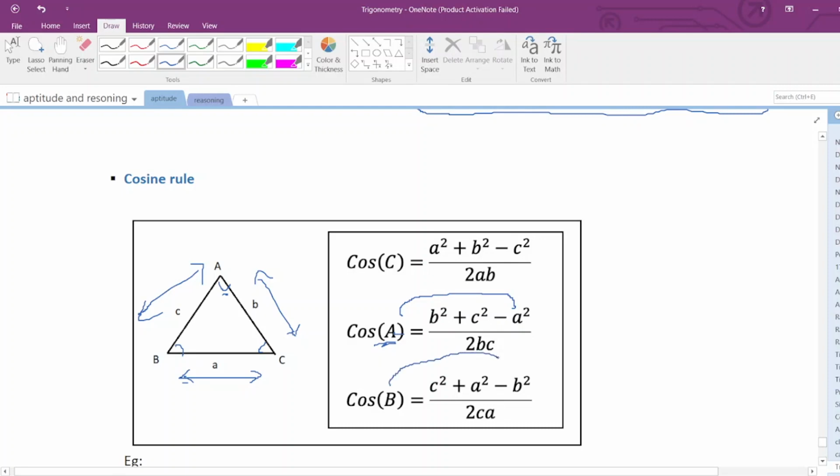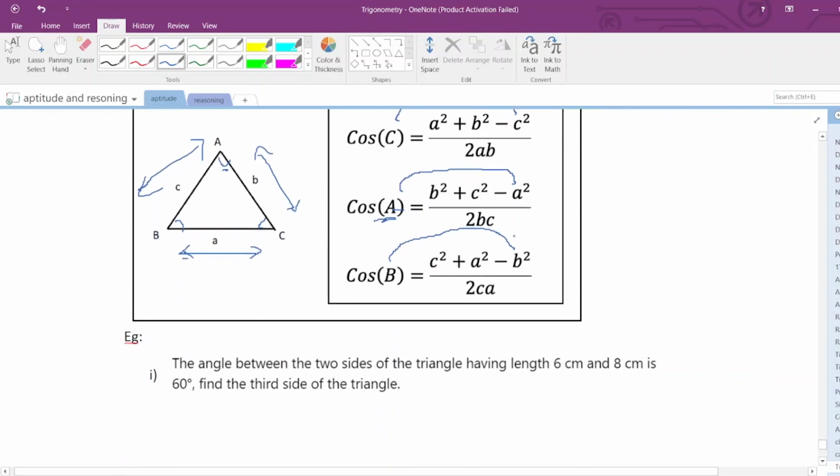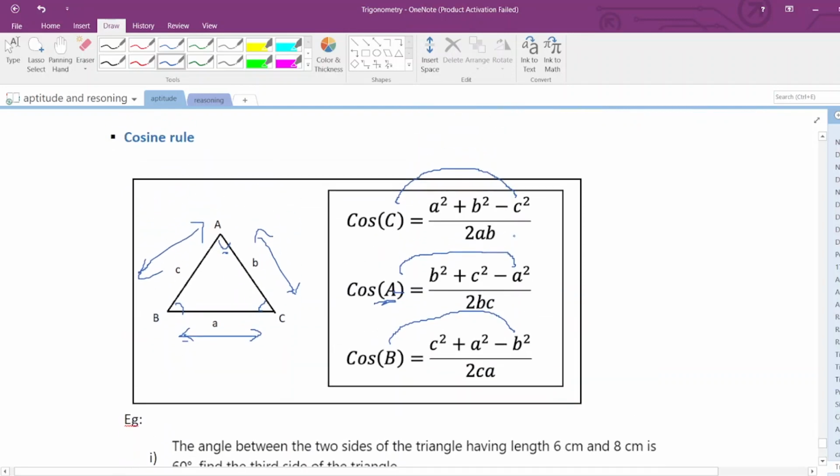The same way b to b, in the same way c to c. In this way you are supposed to compare and understand.